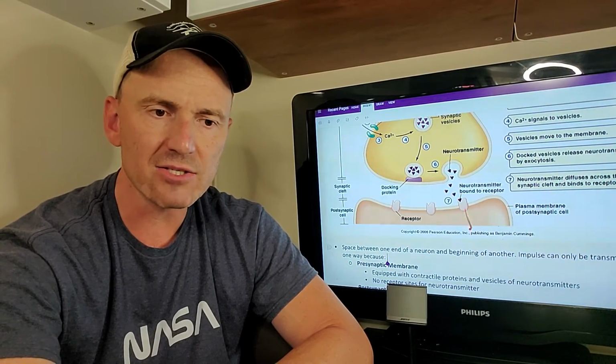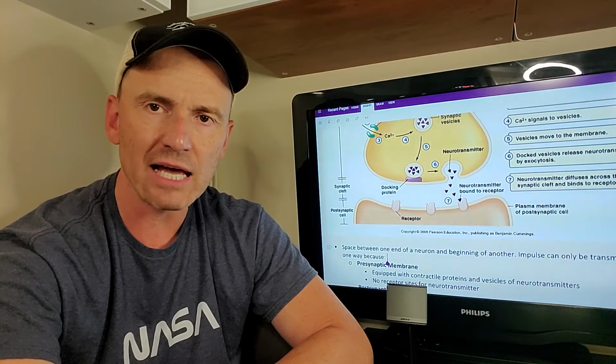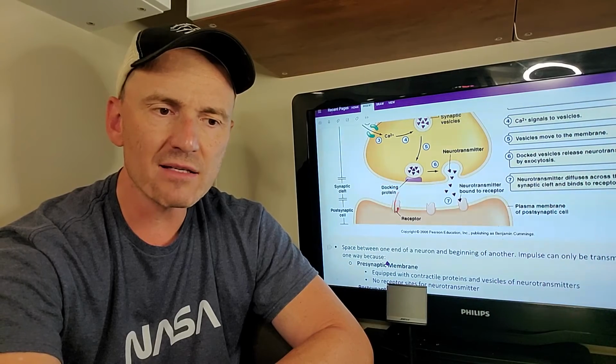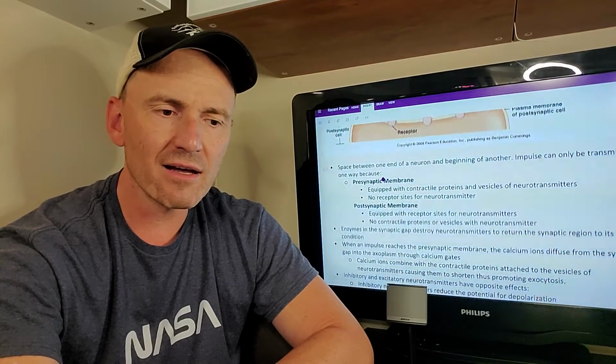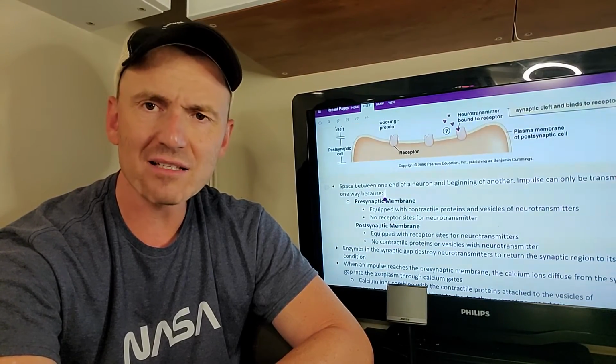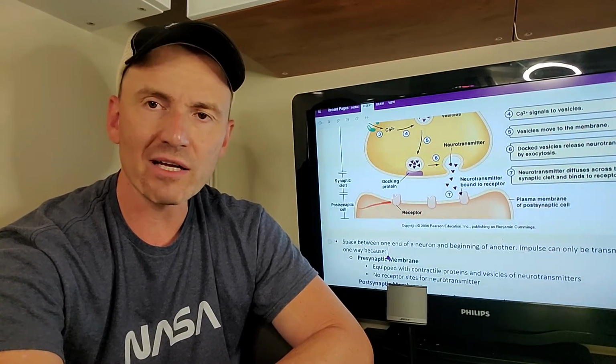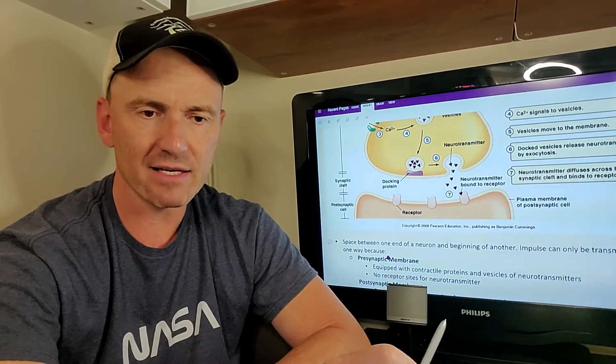Like this receptor is saying, stop doing what you're doing, gland. Stop making the thing that you're making. Or you can have a neurotransmitter that is excitatory, so inhibitory and excitatory, and it tells the gland or the organ to do more of the thing that it's doing. Okay.